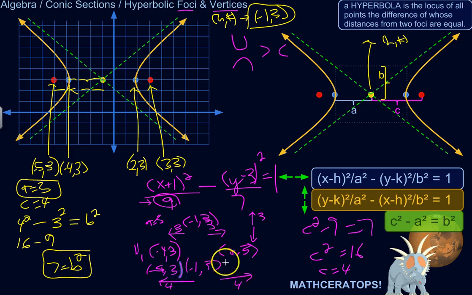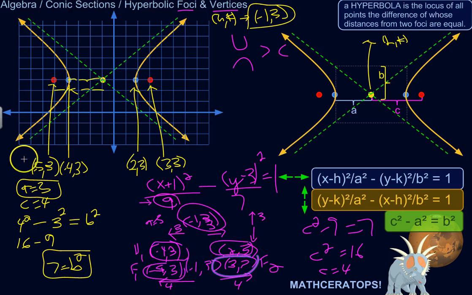If I go 4 to the right here, I would get negative 1 plus 4 is 3, 3. So this would be one of my foci, and this would be the other one. So we've got the center, vertex, vertex, focus, focus. Sorry, this is getting kind of sloppy.